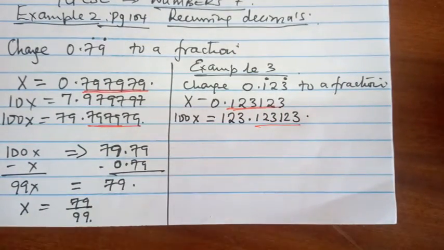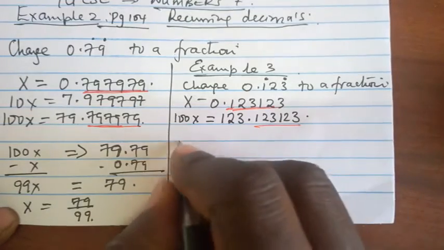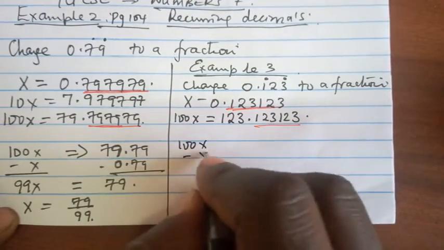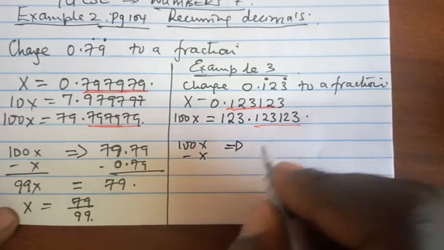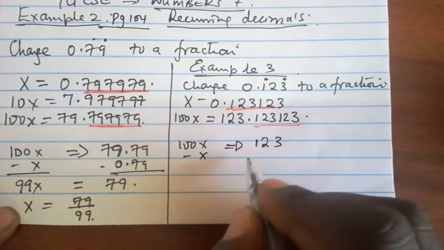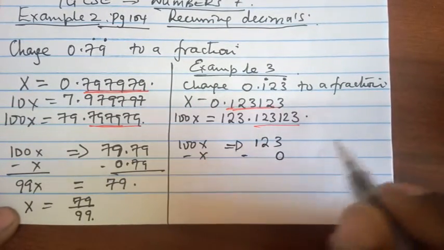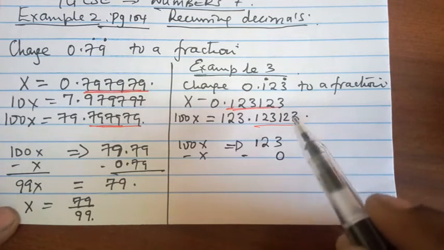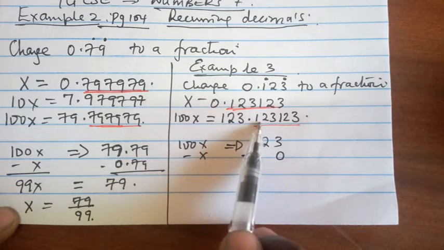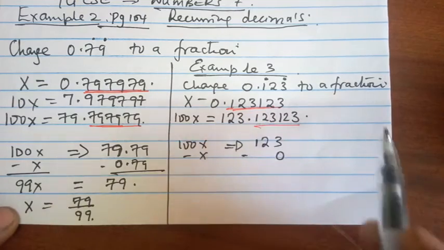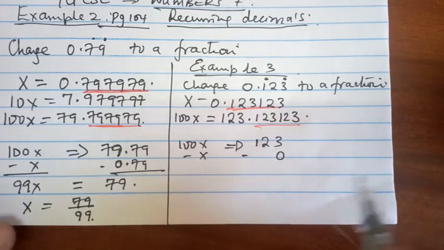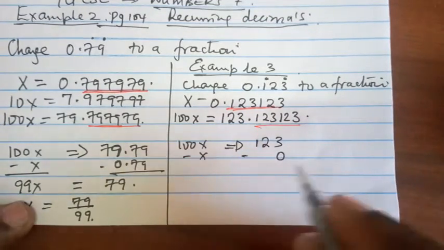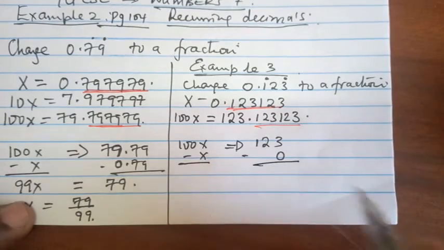So if you have 1000x minus x, which is equivalent to 123 minus 0, you can realize that I have ignored everything after the decimal point, because eventually it should give us 0, and our intention was to get a whole number.